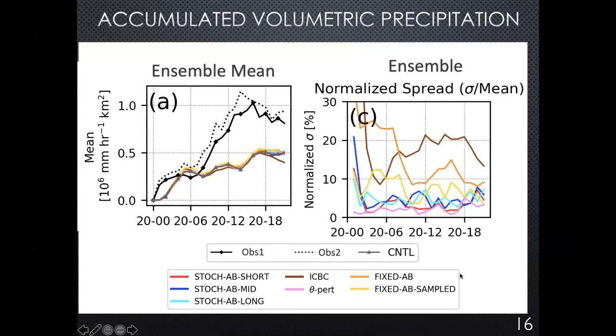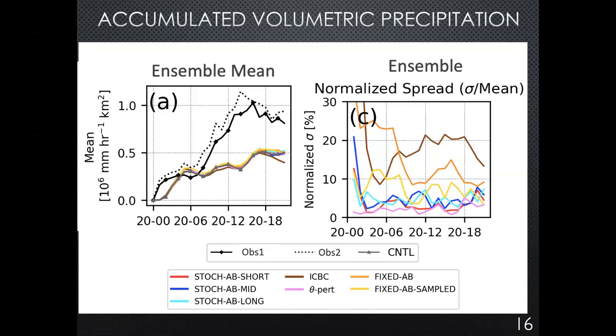So the ICBC ensemble in brown, which is the perturbed large-scale initial condition ensemble, produces spread of up to 20% in the domain total rainfall. The fixed AB ensemble in orange, again, generally expected to produce higher sensitivity than the stochastic ensemble, produces the next highest sensitivity. In the yellow is the fixed AB sampled ensemble.